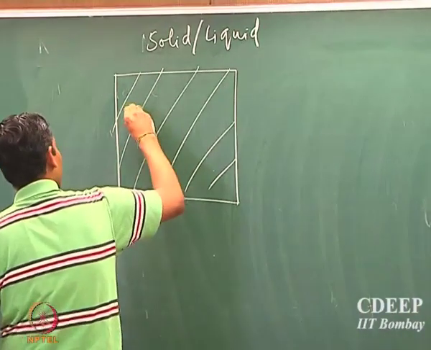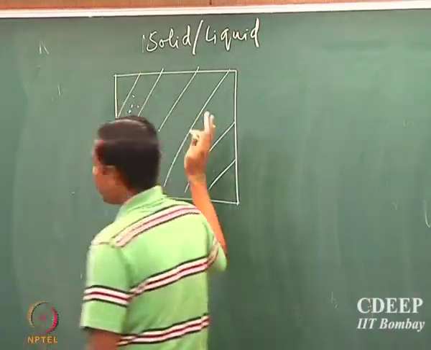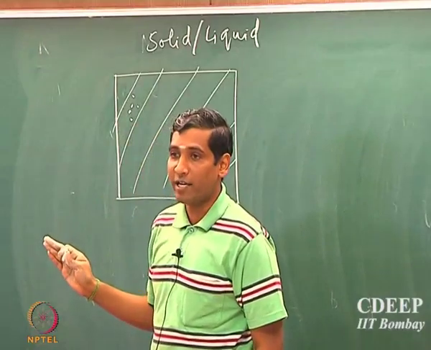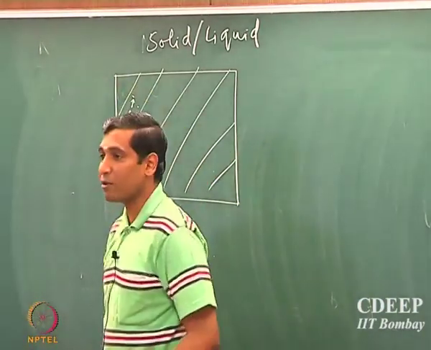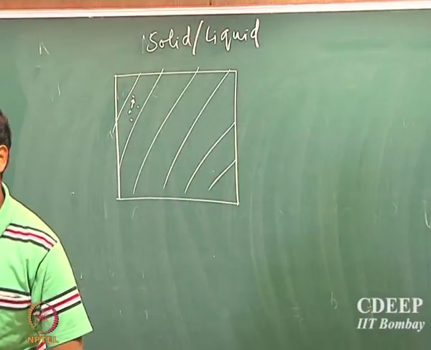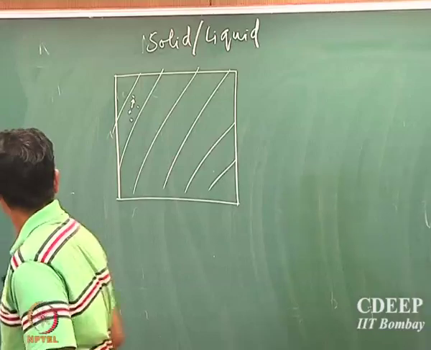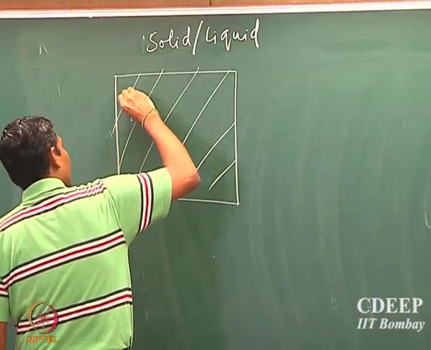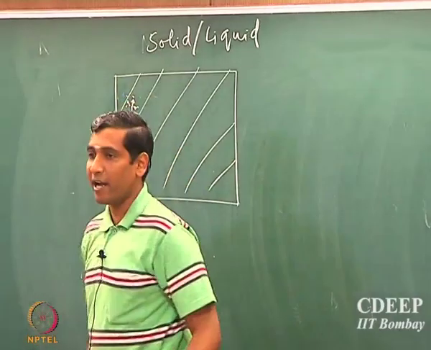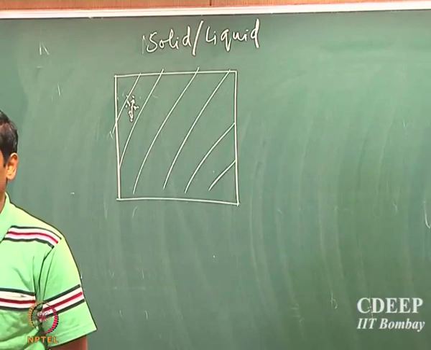But what happens is, for the molecules present at interior locations, anywhere inside, the radiation emitted by one molecule is also going to be absorbed by the molecules surrounding it. So whatever is emitted by the molecules inside, they are constantly emitting and absorbing radiation.